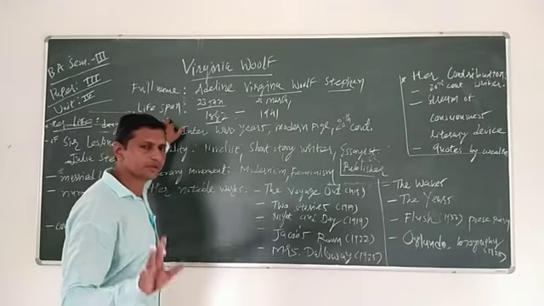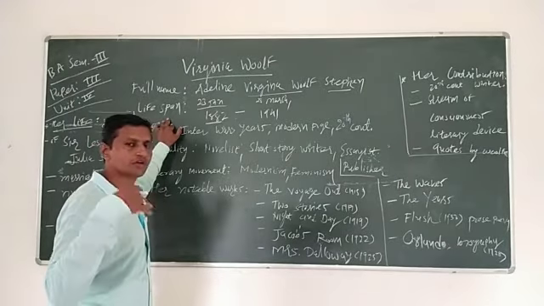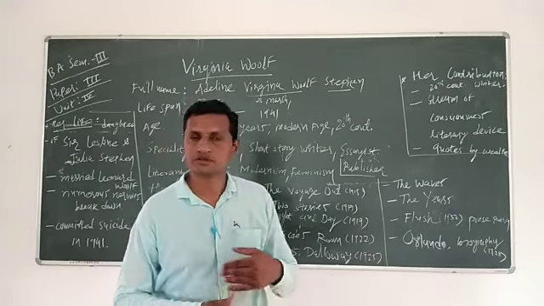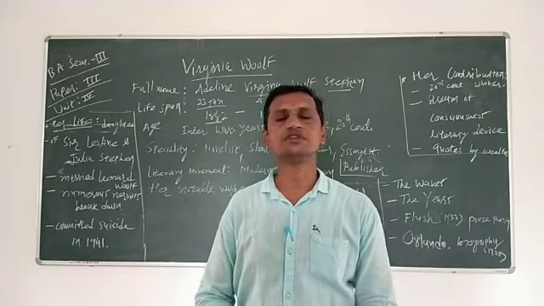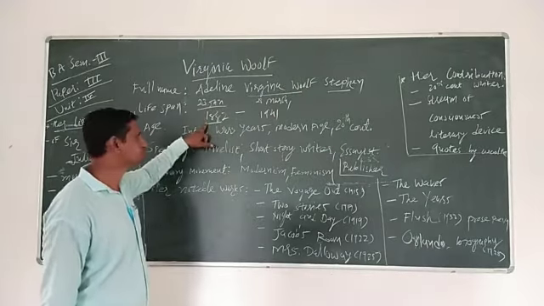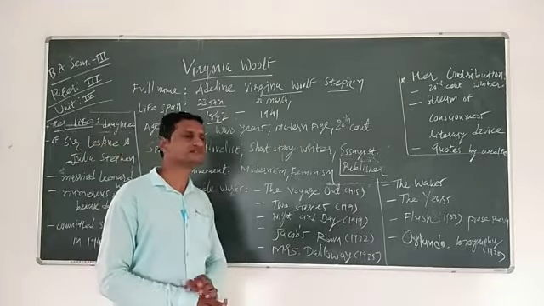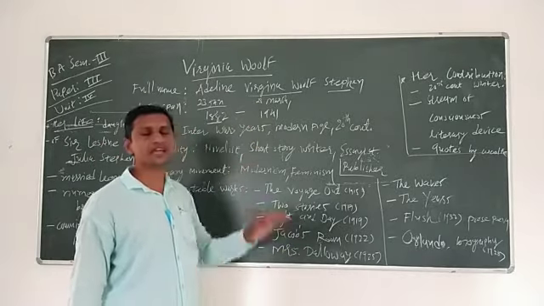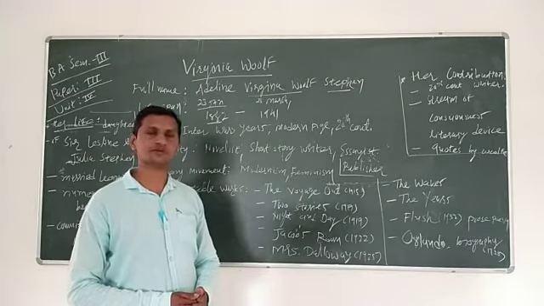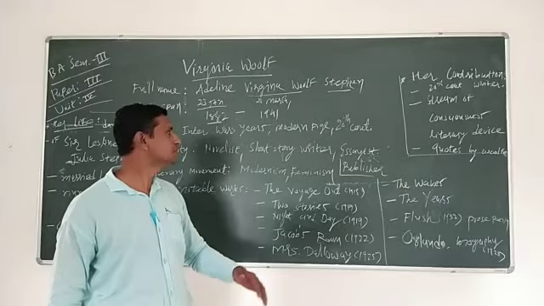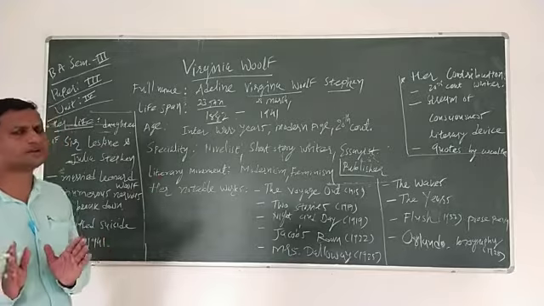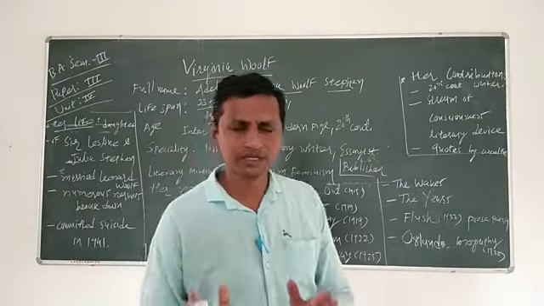So if you remember James Joyce's lifespan, you automatically remember Virginia Woolf's, and vice versa.